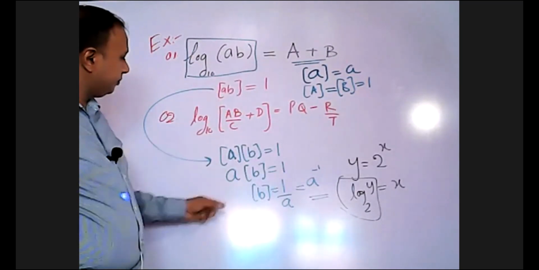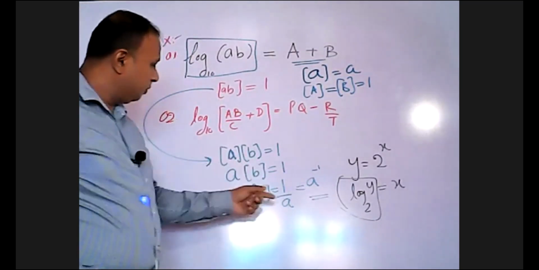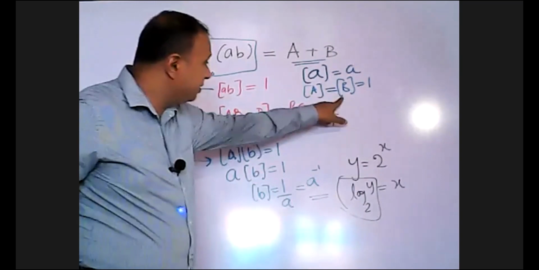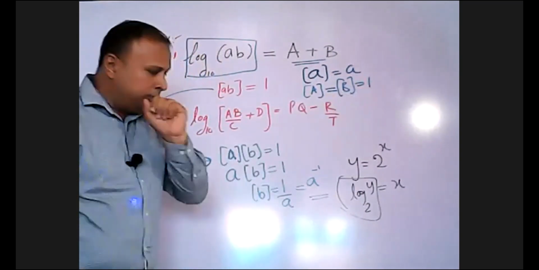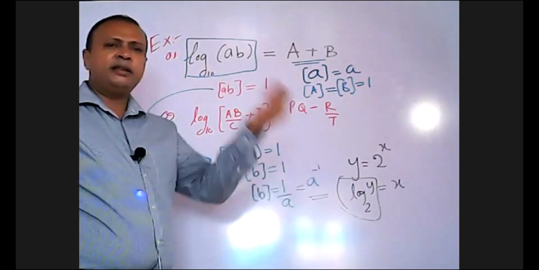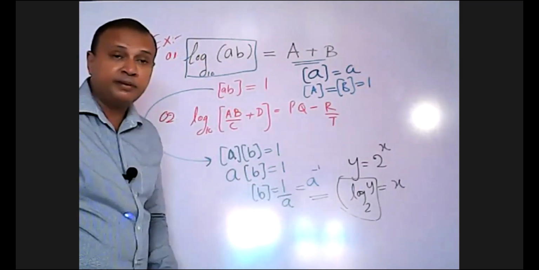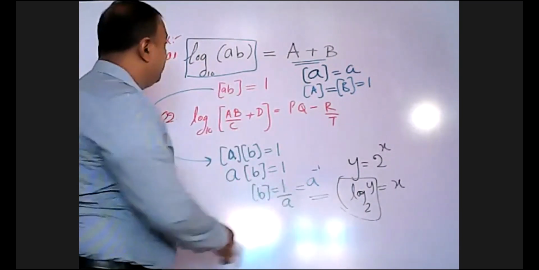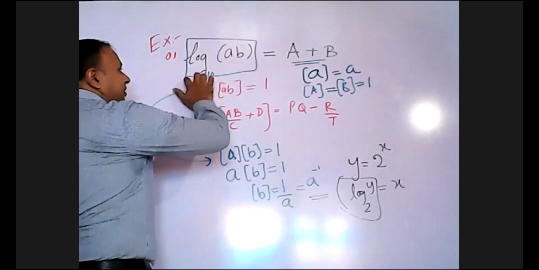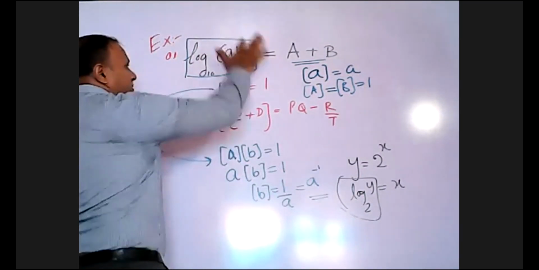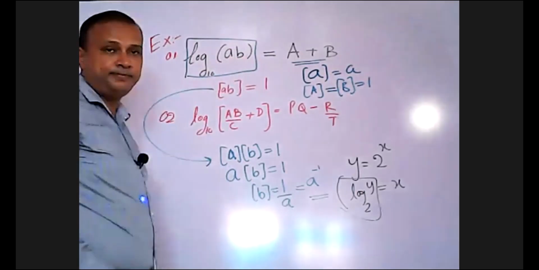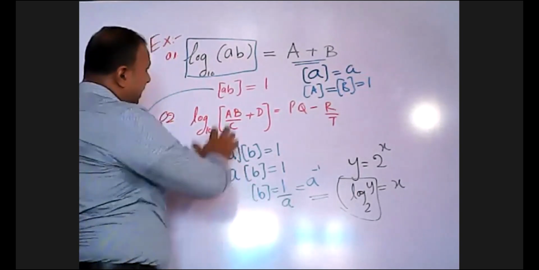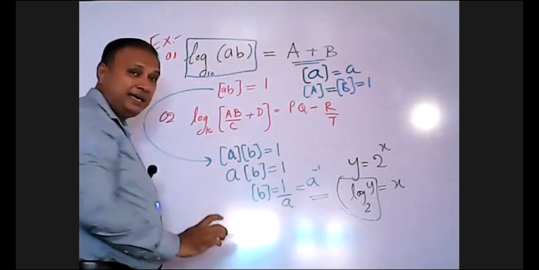Therefore, we can calculate this as: the dimension of capital A times the dimension of capital B is equal to 1. Then we can consider the next factor. What is that next factor? This one. Within this logarithm function, this is the expression. So within the logarithm function, there should be a number. Therefore, a into b is a number.